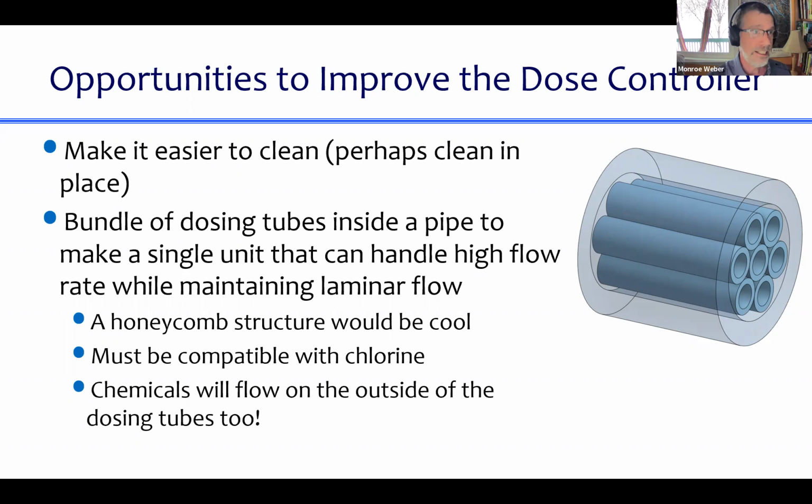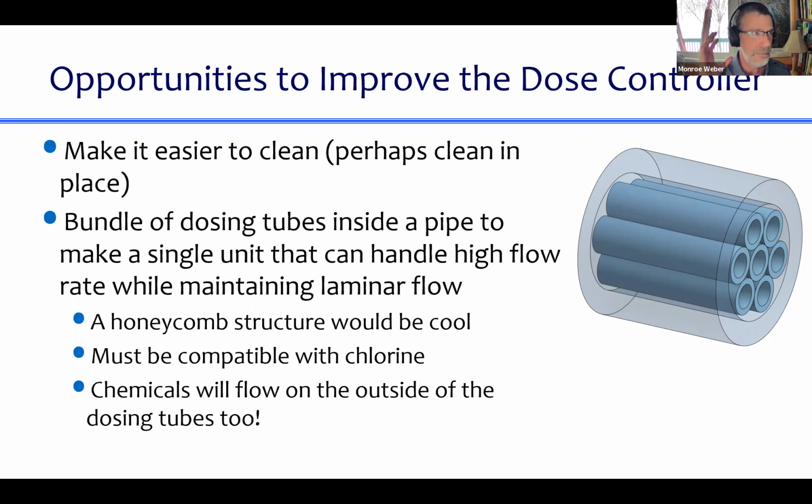One of the big constraints is that whatever you use, it has to be chlorine resistant, at least on the chlorine side. The coagulant is actually not nearly as difficult. It's just slightly acidic, but it's not corrosive in the same way that the chlorine is. It would be awesome if there were a way to fill up a pipe with a honeycomb structure, right?